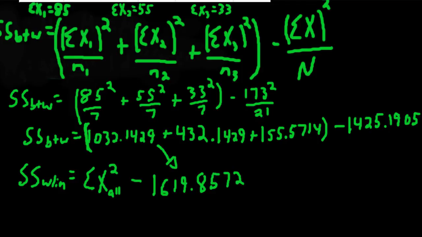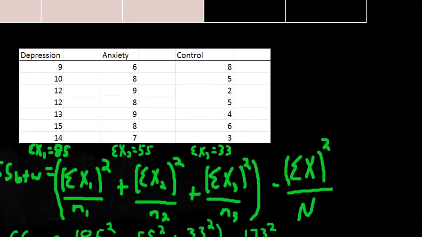Alright, so we need to square all the scores and add them up. Many calculators will have a shortcut for doing this, but in case yours doesn't, you just simply square very carefully 81, 100, and so on. Square all of the scores, and then add them all up.